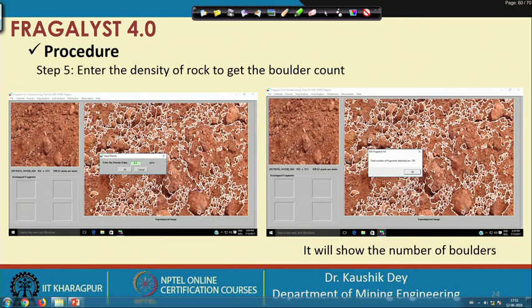So, the user has the option to manually select the edges using the cursor, so that they can be accurately selected. After selecting them, as the scale is already given, the equivalent area is computed by the software, and the size is calculated from that area.